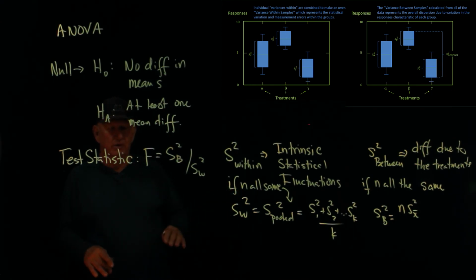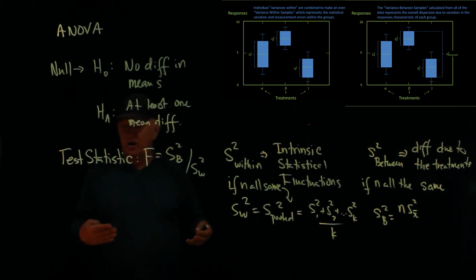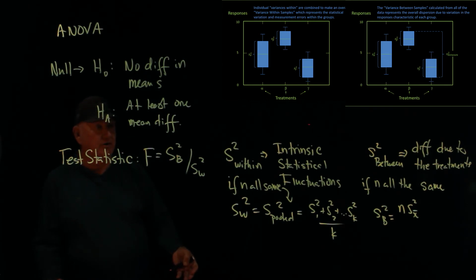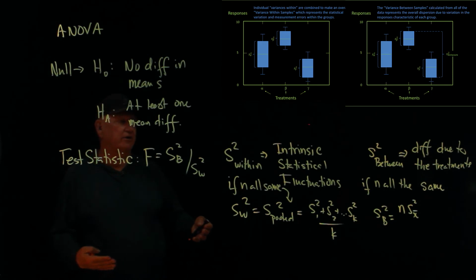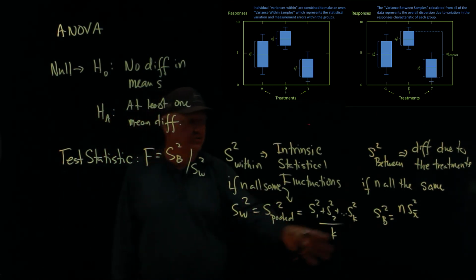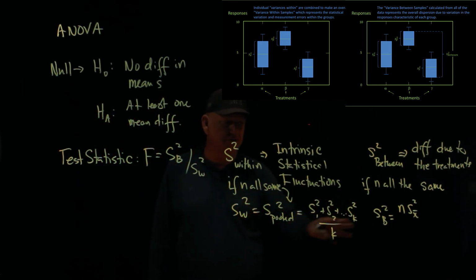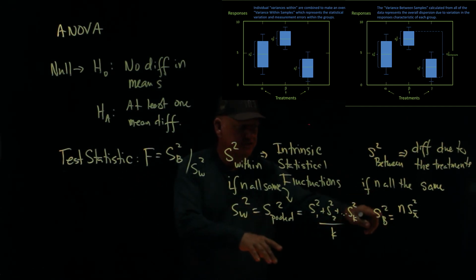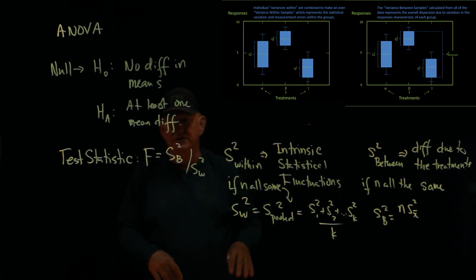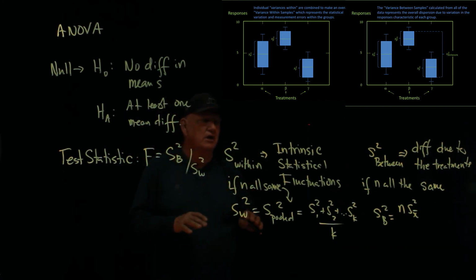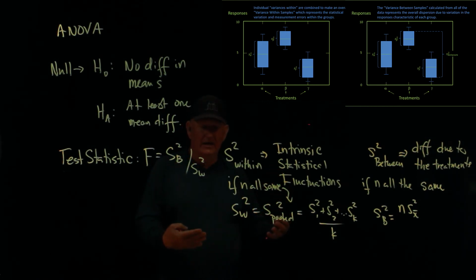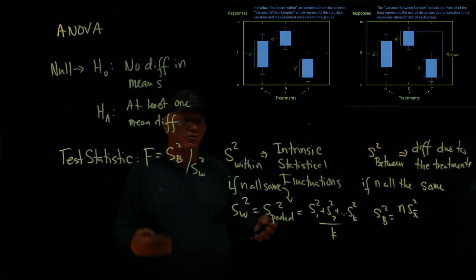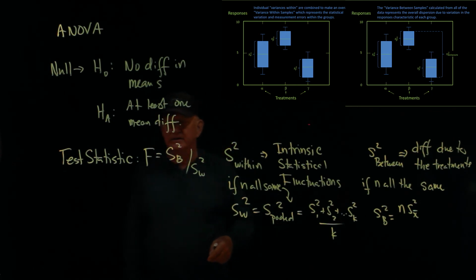Not so much to worry, because most of the problems you're going to see you're going to handle with your calculator by just entering data and letting the calculator do the calculation. I'm actually going to have you do some of these calculations just so I can help you ingrain that this test statistic is S sub b squared over S sub w squared, and so on and so forth. But I'm not going to have you do many of those. I'm not going to have you do any associated with the formulas you're going to find in your text.